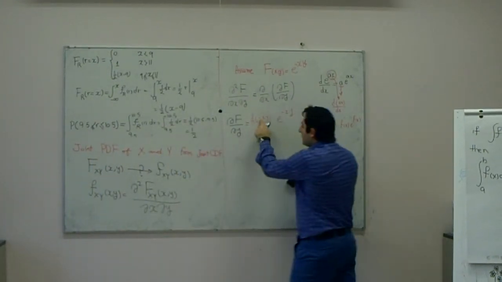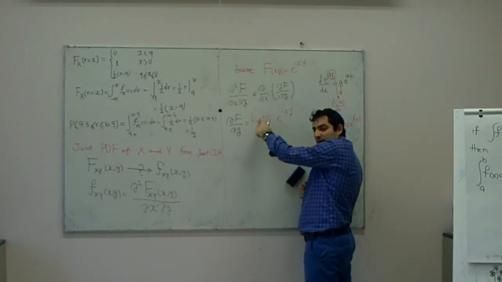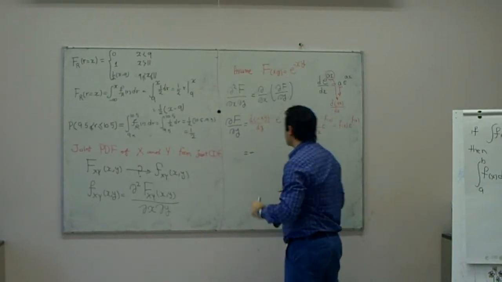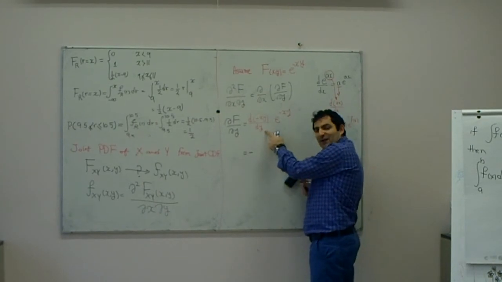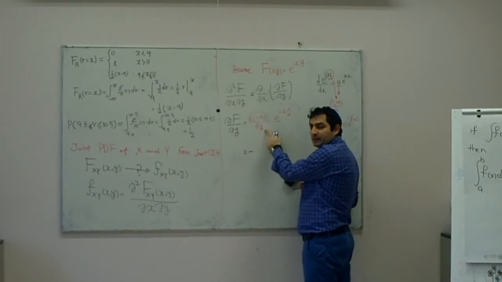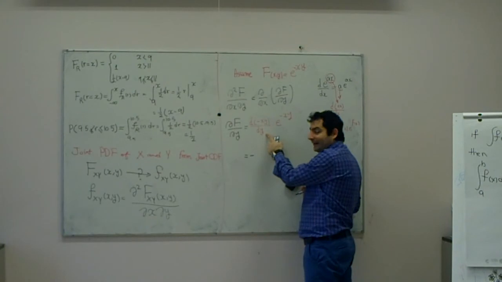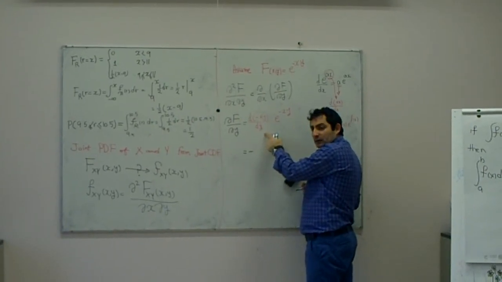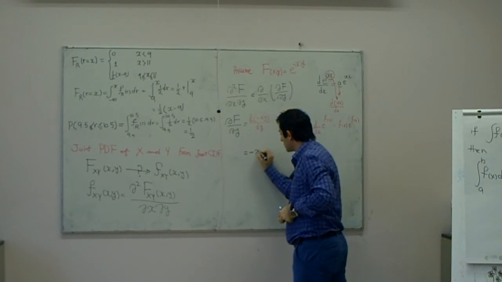So, is minus 1 a constant? Okay, very good. So it means minus 1 will come out. I am taking the derivative with respect to which variable? Y. Is x a constant with respect to y? Yes. So this is also constant.